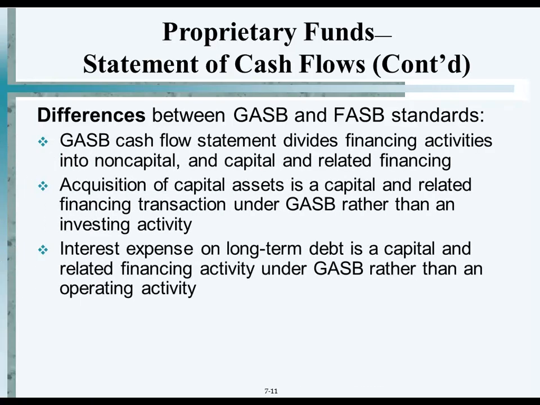There are some differences, and we'll go through this a little bit more in detail. GASB and FASB have slightly different ways in which they present cash flows. In the GASB model, we separate cash flow from investing activities from capital-related activities.